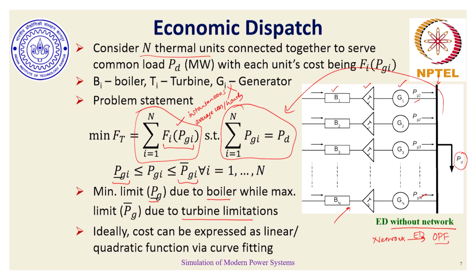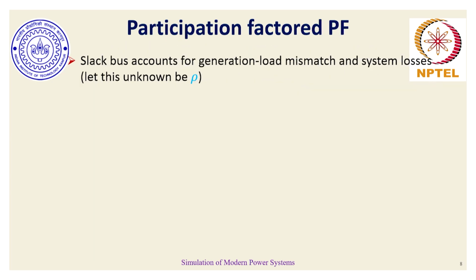Every turbine has a physical limitation on what speed it can run at. Ideally, the cost function Fi(PGi) can be expressed as a linear function or a quadratic function using curve fitting, while also considering different nonlinear effects such as valve point loading effects and so on. Again, the discussion on obtaining this curve fitting is a dedicated discussion in itself. I'm not going to go into those details at length.